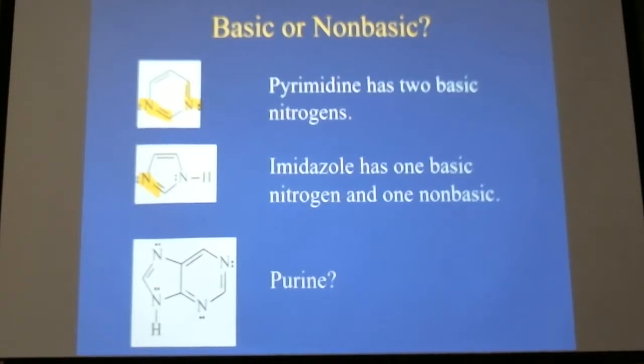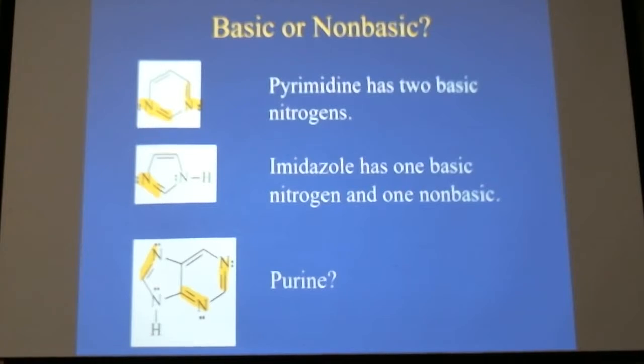This is basic, this is not basic. This is basic, this is basic, this is basic, this is not basic. Any one of the basic ones could attack H+, become positively charged and not disrupt the aromaticity. But the NH cannot and will not attack H+.